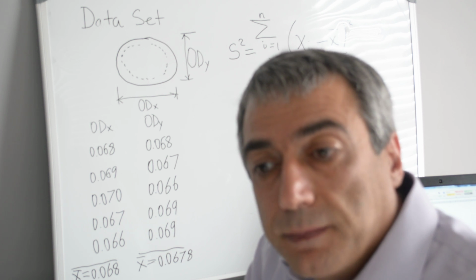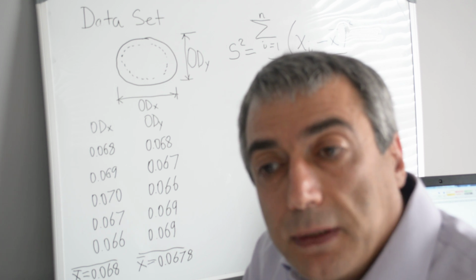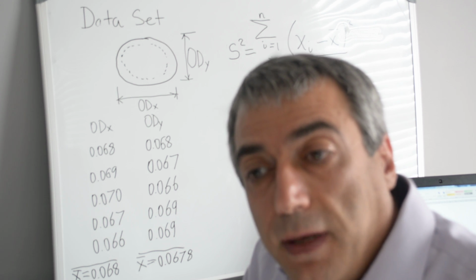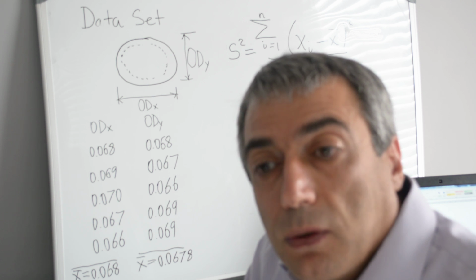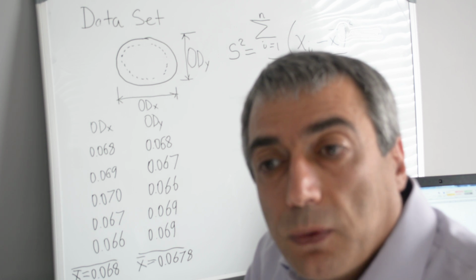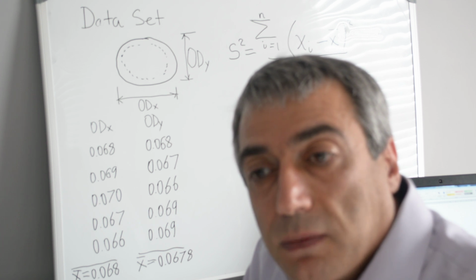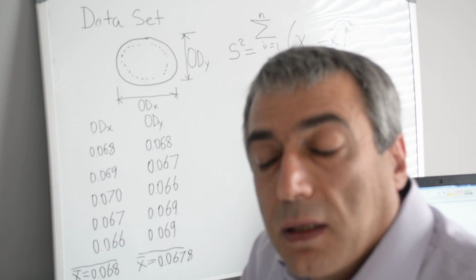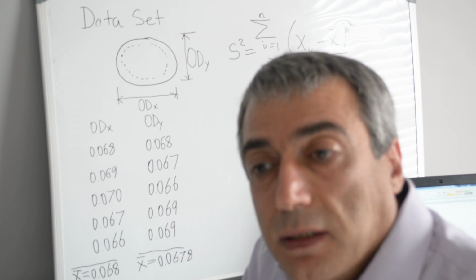And this arises from the fact that the sample variance is a biased estimator of the population variance. But those details are not important as of now, and we can certainly discuss later on if needed.